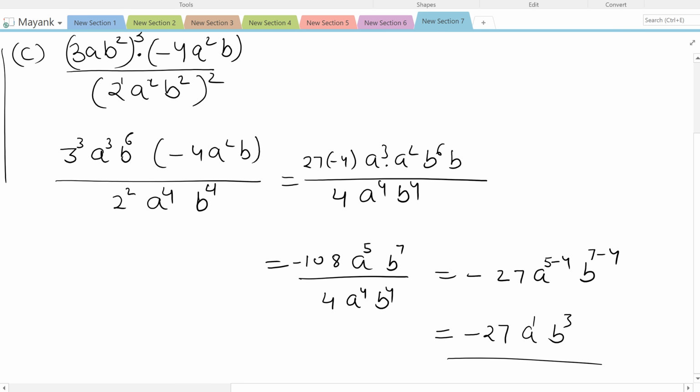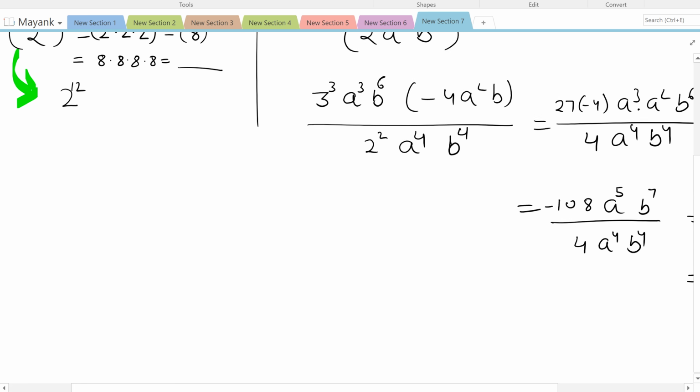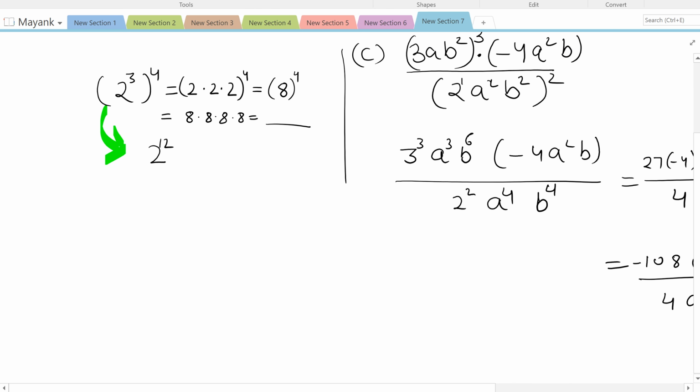So now there are 2 things that you have to keep in mind. The first is this thing is different from that. Here you add them, and that is a power of powers, and there you multiply them. Multiply the powers, and here you add the powers.